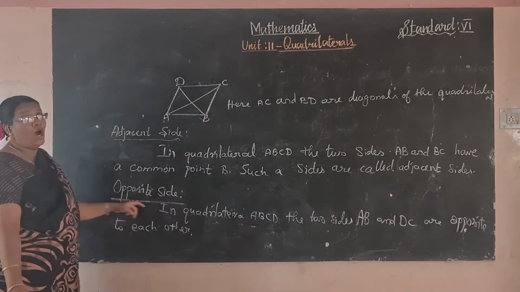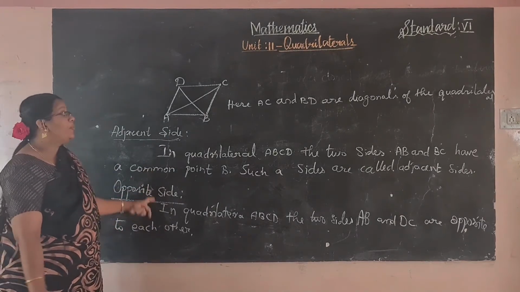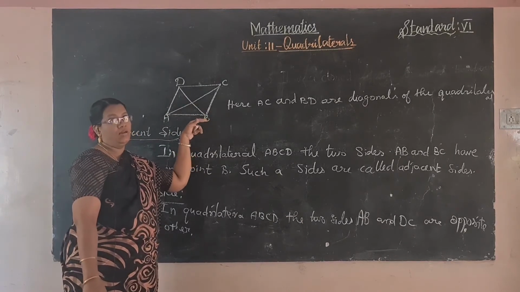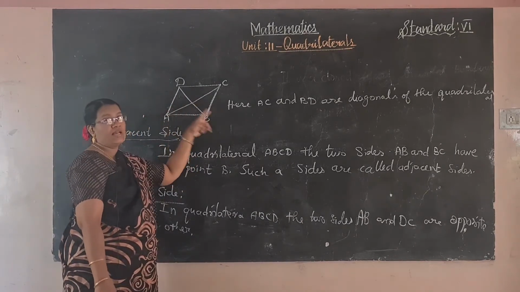That is called the opposite sides. And one more: AD is opposite to BC. These two are the opposite sides.